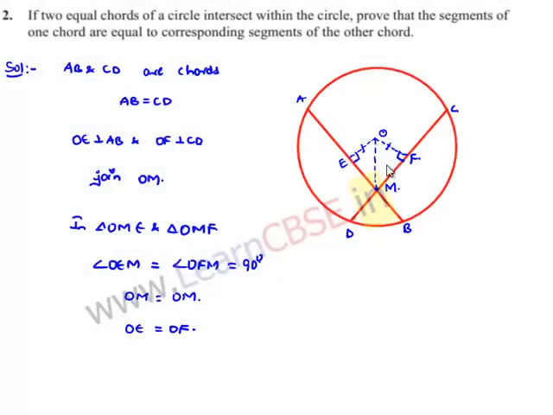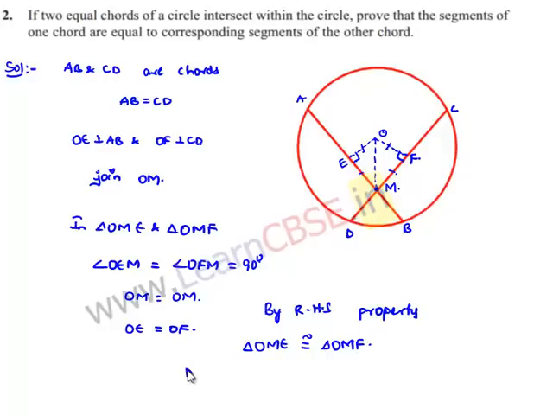Therefore, by the RHS congruency property, both triangles are congruent, that is, triangle OME is congruent to triangle OMF. We know that when two triangles are congruent, their corresponding sides are equal.